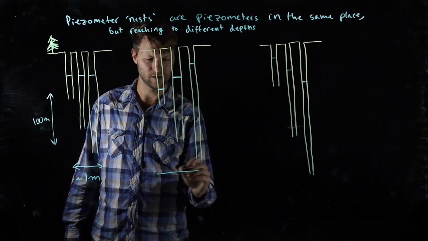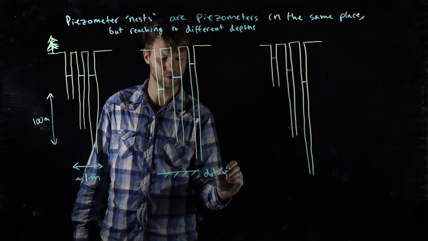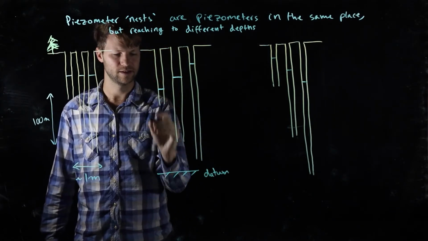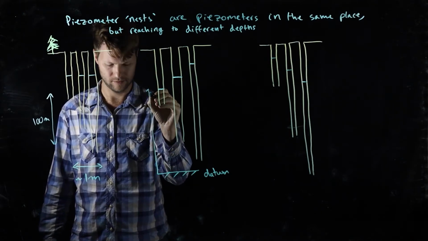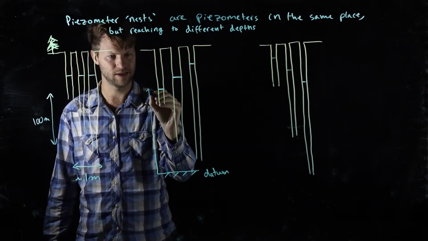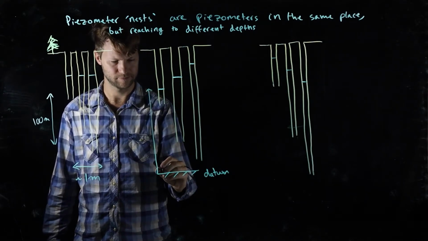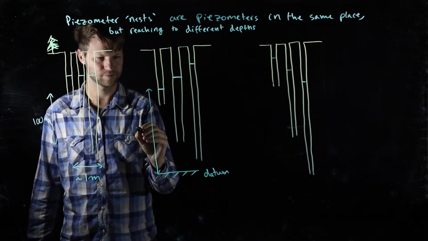If this were our datum here, remember that we measure the elevation component of head relative to some arbitrary surface, the datum. Here, we would have this being the total head, H.